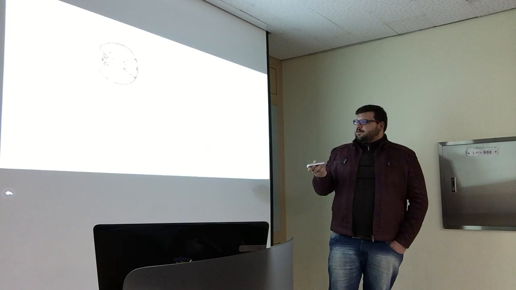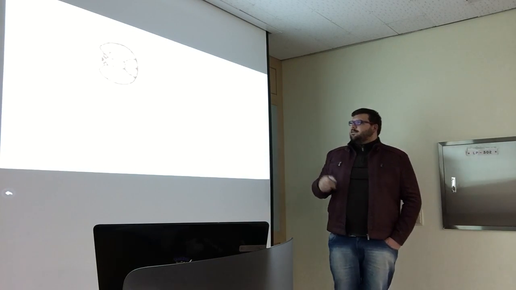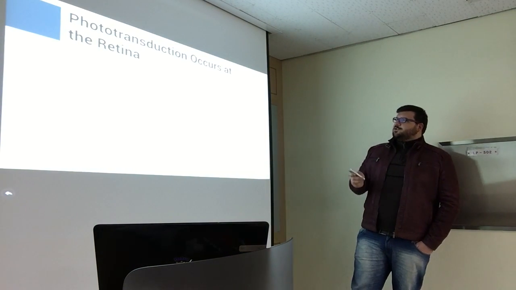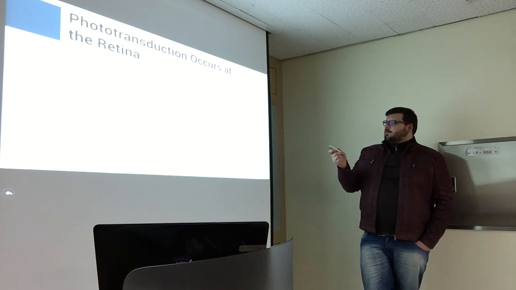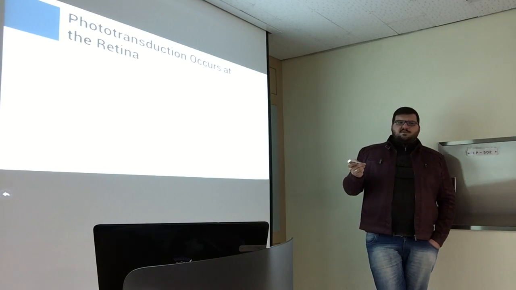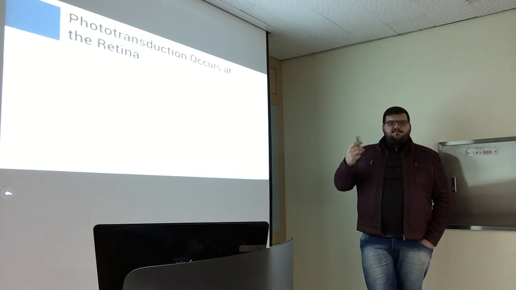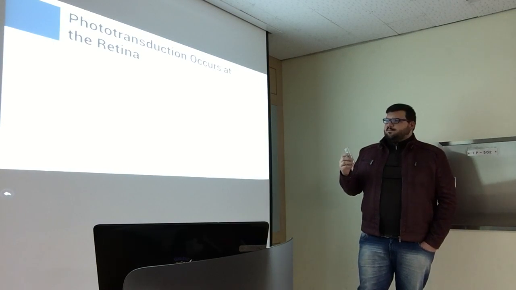In a schematic view, the right eye is processed on the left side and the left eye on the right side. Phototransduction occurs at the retina. The retina converts light energy into electrical signals and sends them to the brain, forming images at the back of your brain.